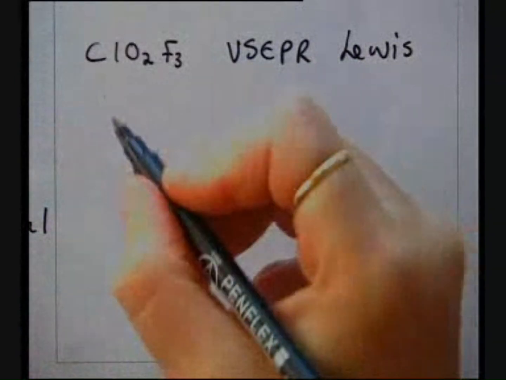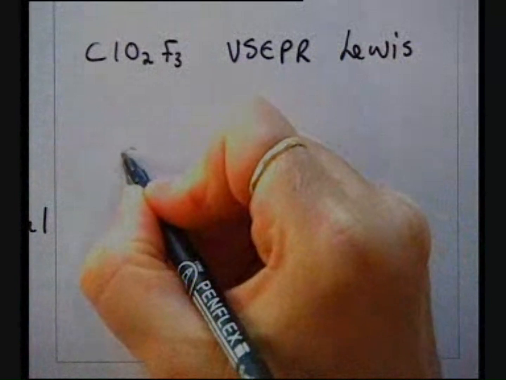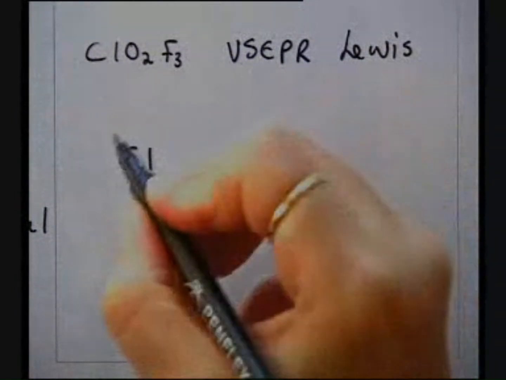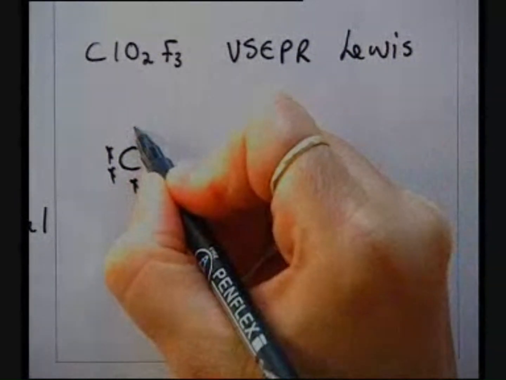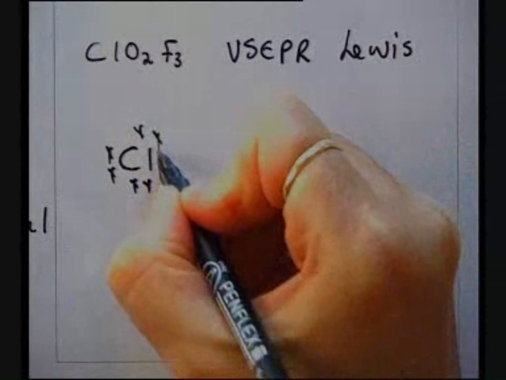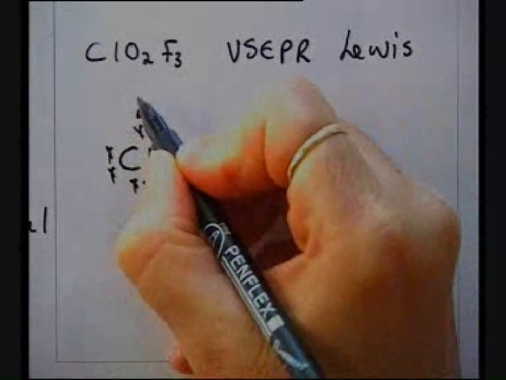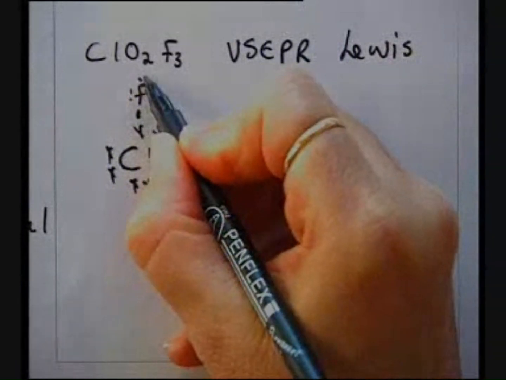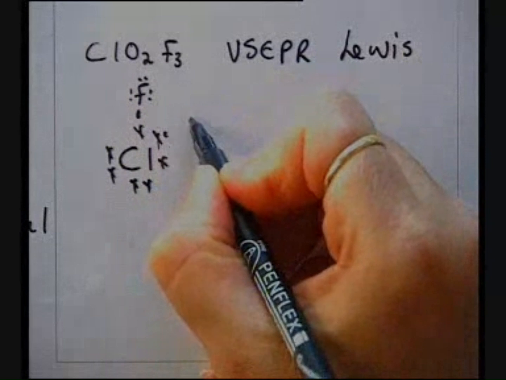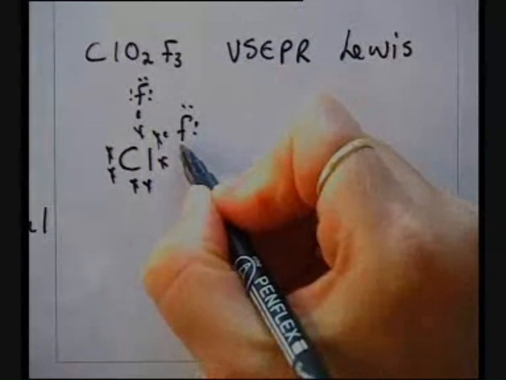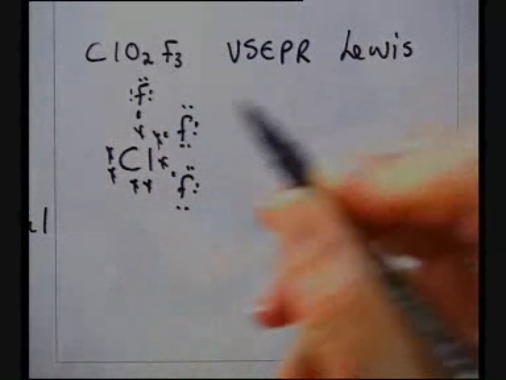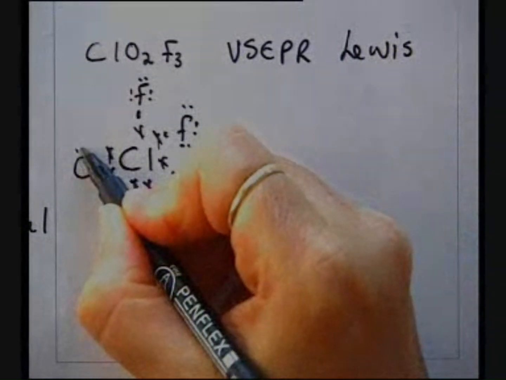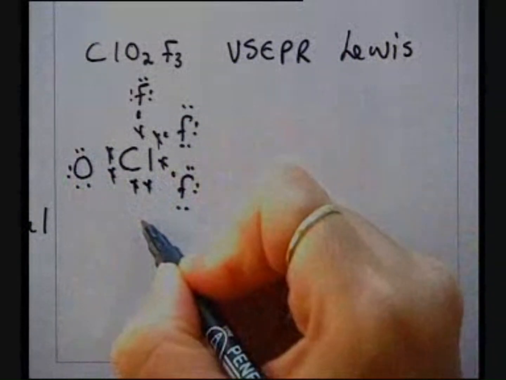Central atom chlorine, 7 valence electrons. Fluorine, 7 valence electrons. Oxygen, 6 valence electrons.